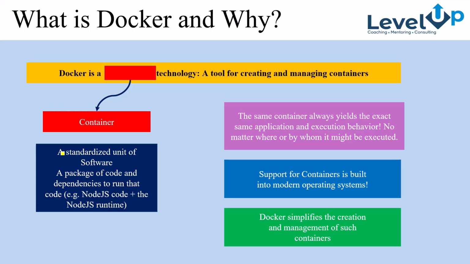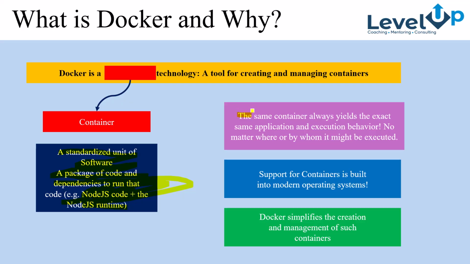Now we can also say Docker is a standard unit of software, or a package of code and dependencies to run that code. For example, if there's Node.js code, the container has the code, and it has the code runtime also. All this is included in a container.